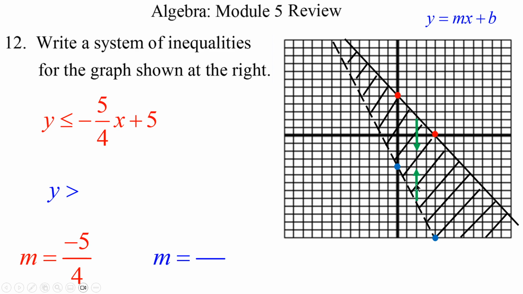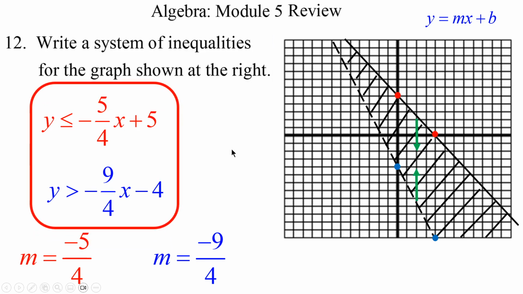So this slope would be negative 9, and I'm running 4. Okay, so there's my negative 9/4, my slope. Don't forget the x. And then what was that y-intercept? Negative 4. And there you have your system right there. Isn't that cool?